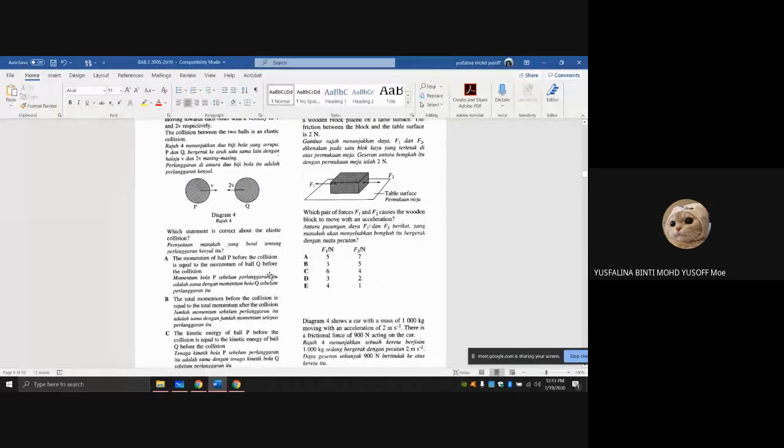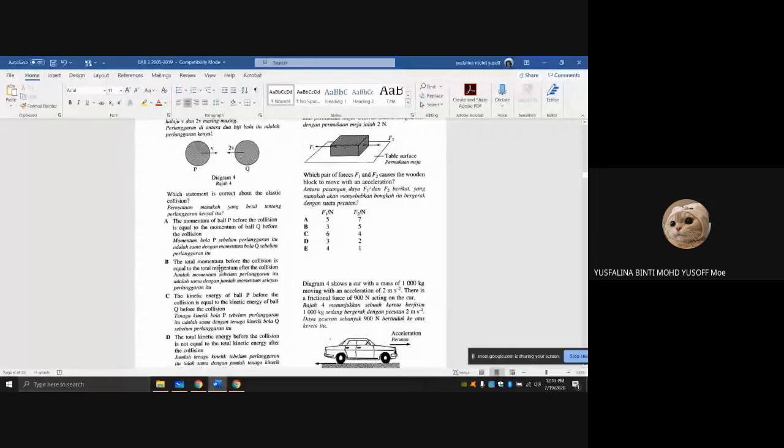The momentum of ball P before the collision is equal to the momentum of ball Q before the collision. It's wrong because the velocity is already different. The total momentum before the collision is equal to the total momentum after the collision. So this is the answer B.